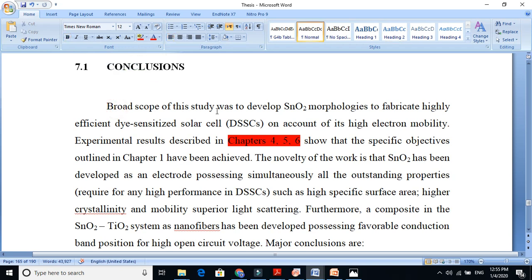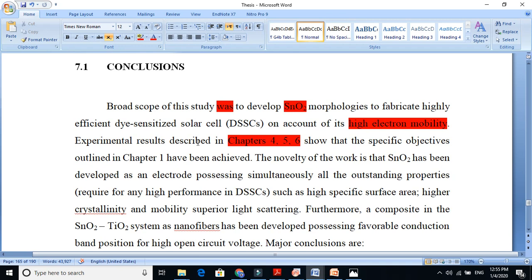The broad scope of this study was to develop SnO2 morphologies to fabricate highly efficient dye-sensitized solar cells on account of its high electron mobility. Why do we choose this material? Only and only for this. Why do we choose tin oxide? Only for high electron mobility.